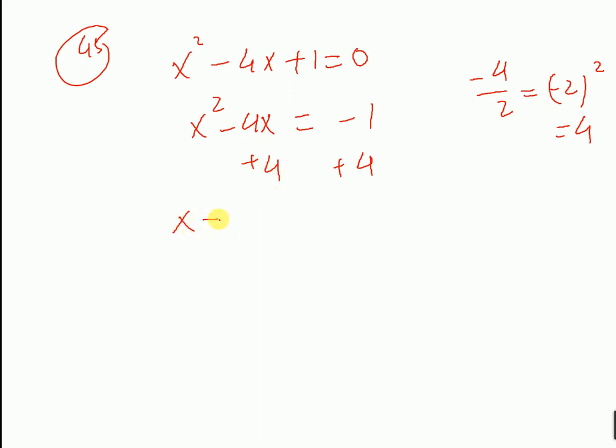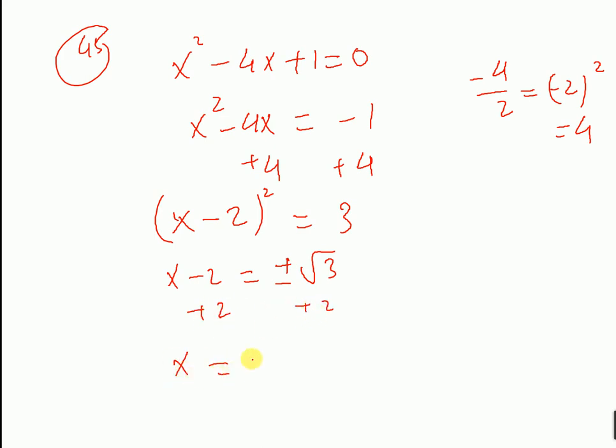Now I have x minus 2. Before I square, I have minus 2. So that squared equals 3. 4 minus 1 is 3. Now I take the radical again. Plus or minus radical of 3, and I add 2 on both sides. X equals 2 plus or minus radical 3, and this should be C.